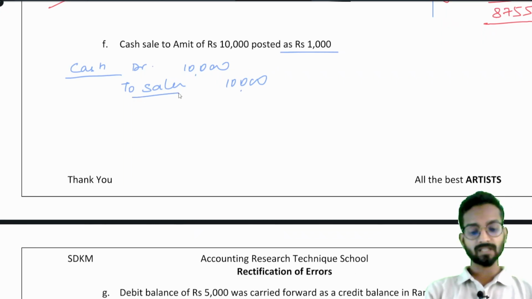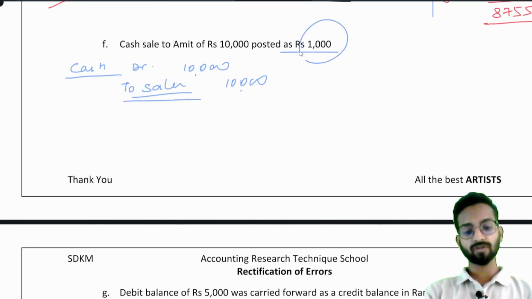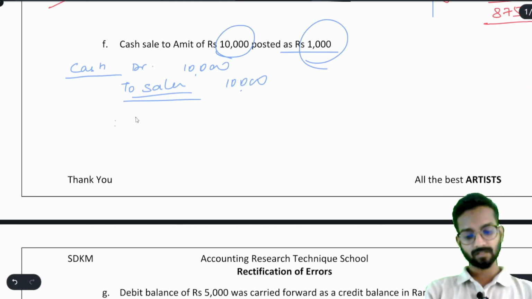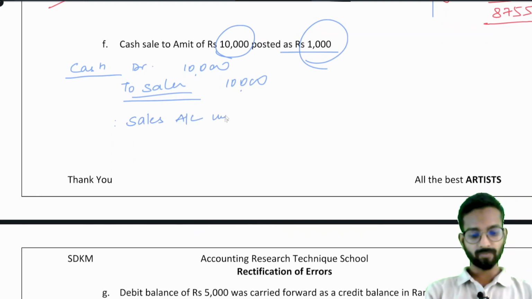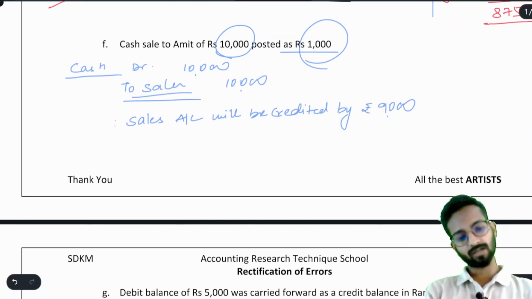It means in the sales account we have posted only 1,000. We had to put how much? We had to put 10,000. So I can say that sales account will be credited by rupees 9,000. Understood?